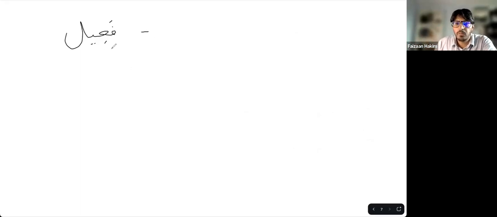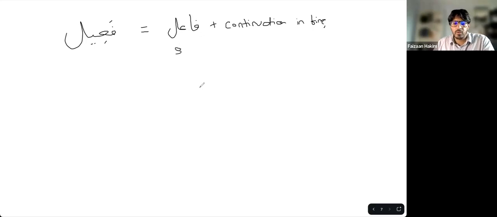The meaning of this mold is a more intensified meaning of the fa'il. It equals the fa'il plus like continuation in time. Stability of meaning, or I'll say the permanence of the meaning.